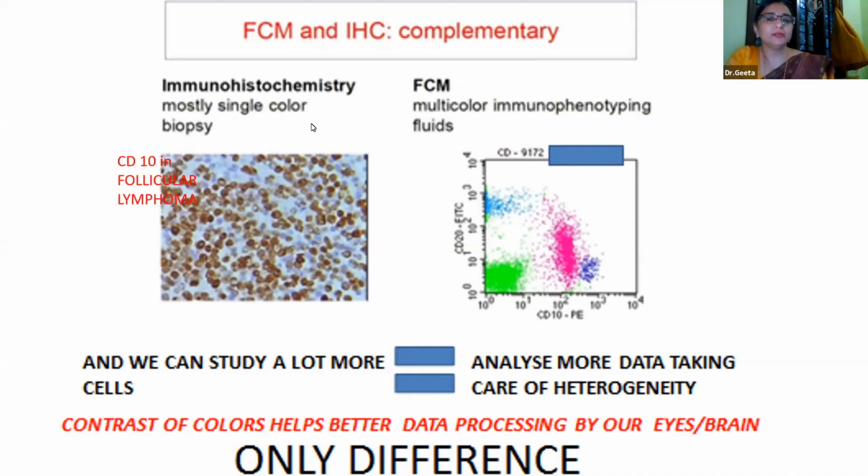So the number of antibodies which we can apply depends upon the lasers you have within your flow cytometer, and if you have the most advanced, you can even go up to 20 antibodies. So this is the comparison between the two techniques utilizing a similar principle. And moreover, the contrast in the population colors which we are able to put in a flow cytometry plot are appreciated better by the analyzer.